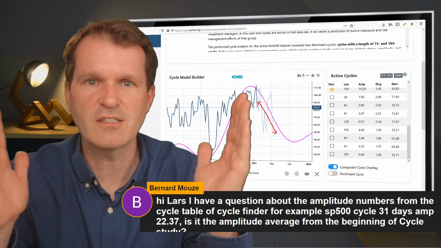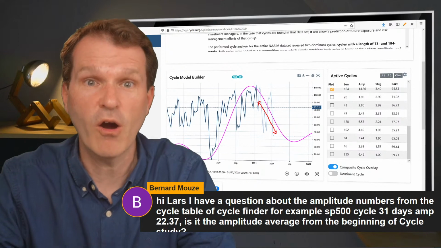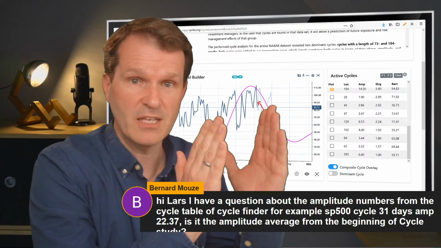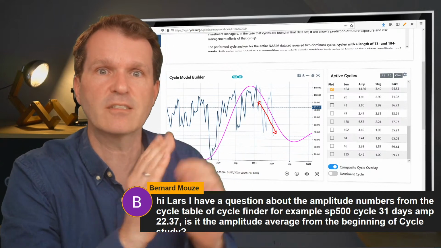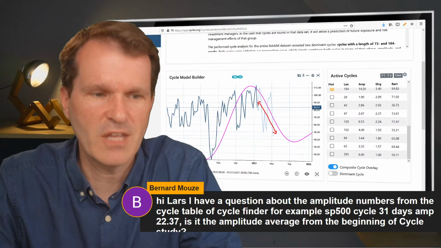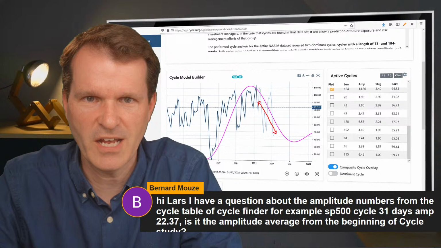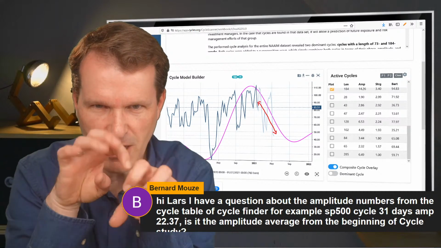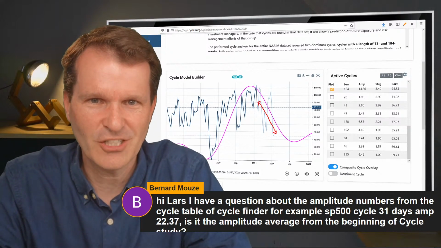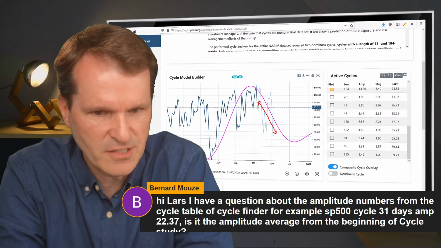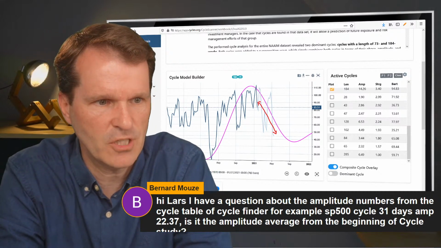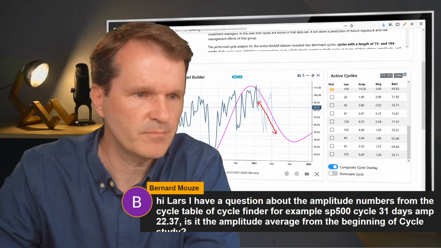If you limit the in-sample period just to a time fraction in the past, you will see if the amplitude of this cycle would be different there. So you can even make fragmented analysis and check amplitude or even length paddings. But your assumption is correct. That's the average amplitude.